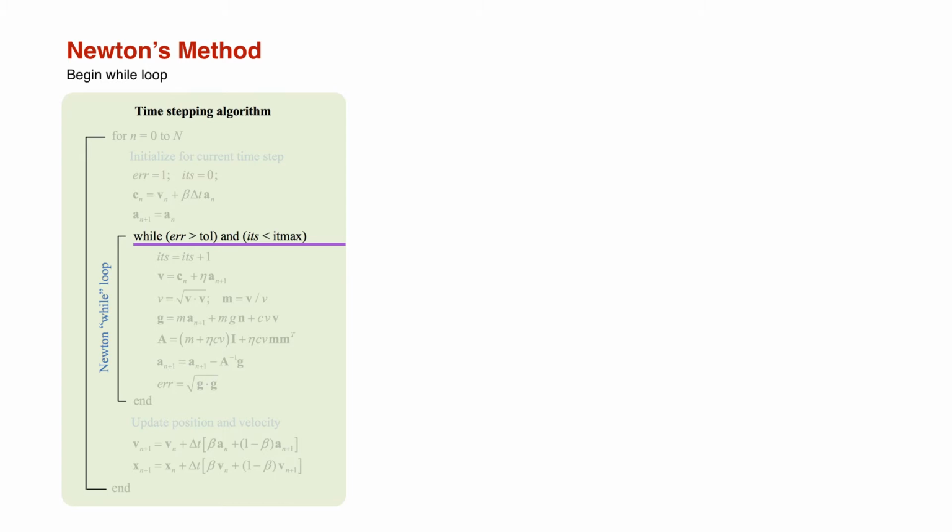And for Newton's method, we're using an implicit version of our code to calculate acceleration when acceleration isn't a linear function. When we have a nonlinear acceleration, we have to apply Newton's method.